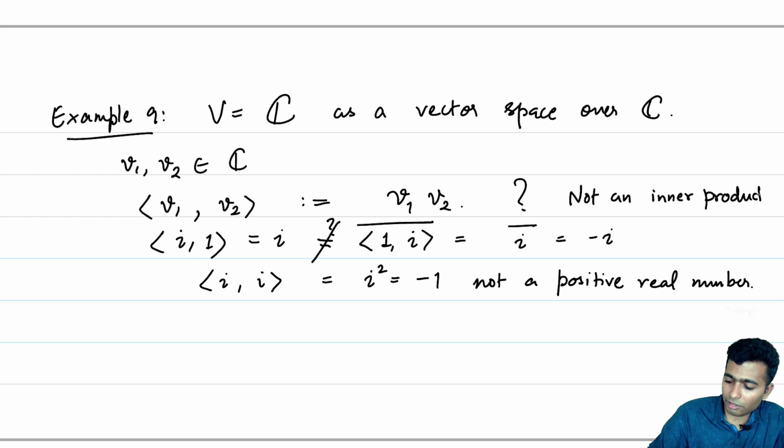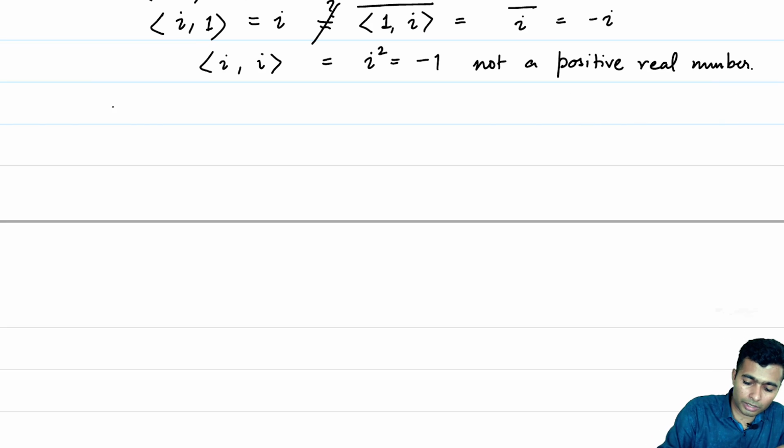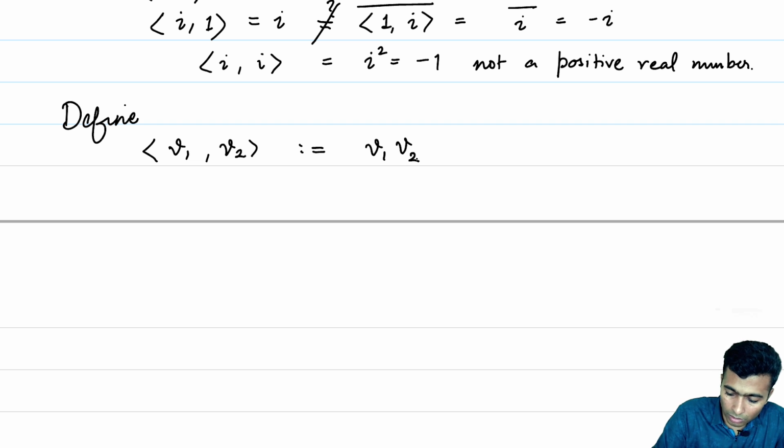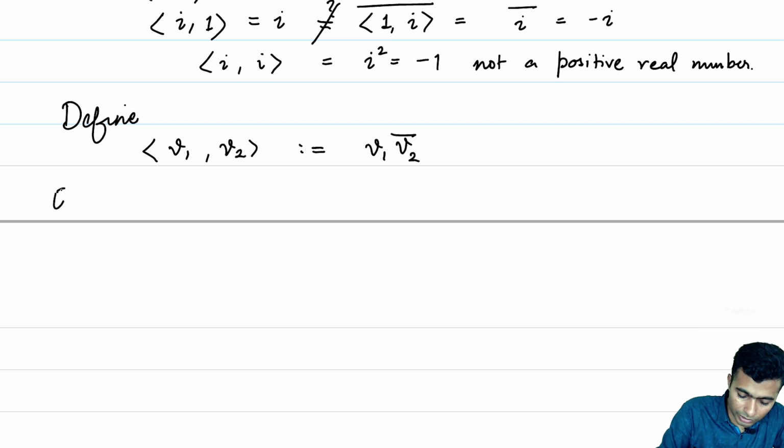But if you slightly tweak it, if you define the inner product of v1 and v2 to be v1 times the conjugate of v2, then it's a good exercise for you to check, or maybe let's go through it.